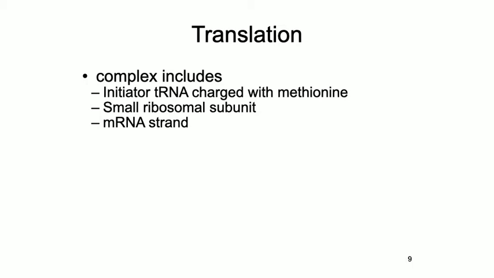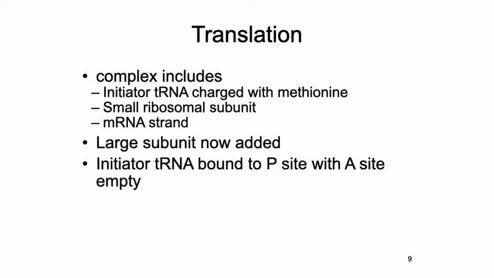The small ribosomal subunit is going to come in first. The messenger RNA that we're trying to translate is going to be present. And finally, the large subunit is going to be added to begin the whole process.